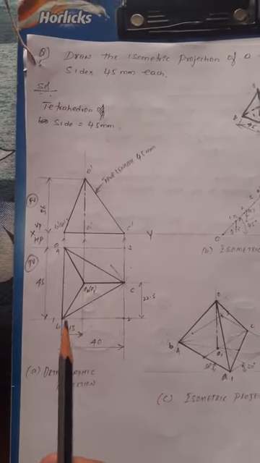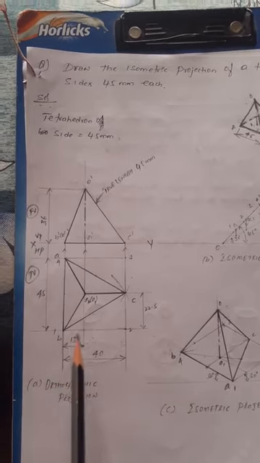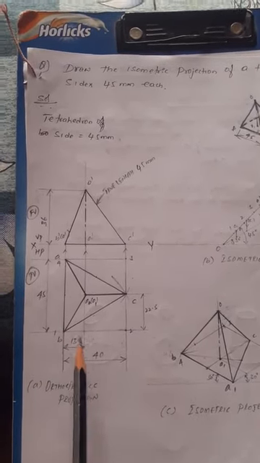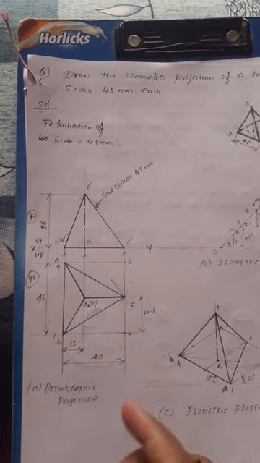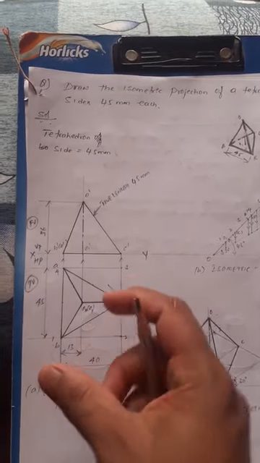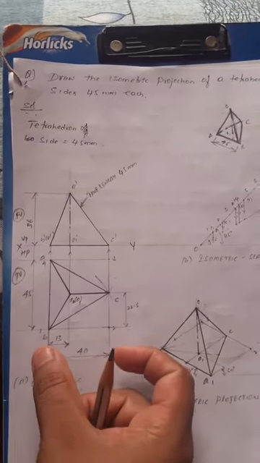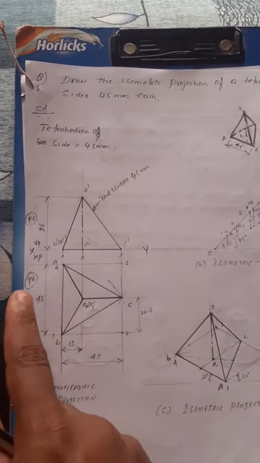Now, as you know, the base is bound by a rectangular box. The corners are 1 2 3 4, and the dimensions of the rectangular box are 40 mm and 45 mm. 1 2 is 40 mm, 1 4 is 45 mm.